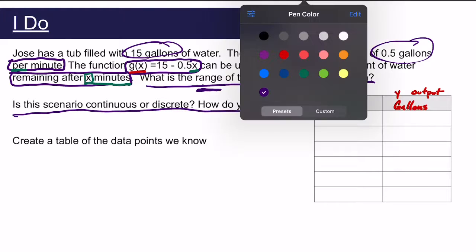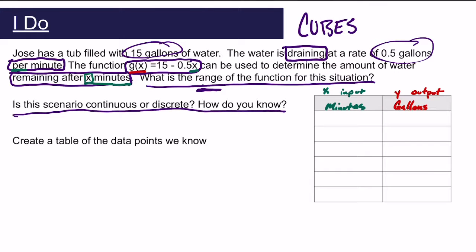So let's write that over here. I'm going to make it g of x. So this function, g of x, equals 15 minus 0.5 times a number.